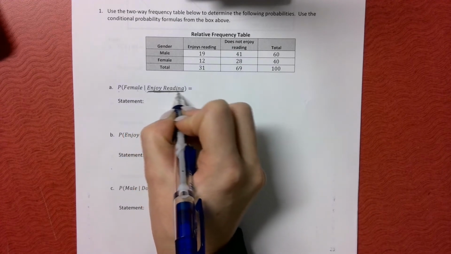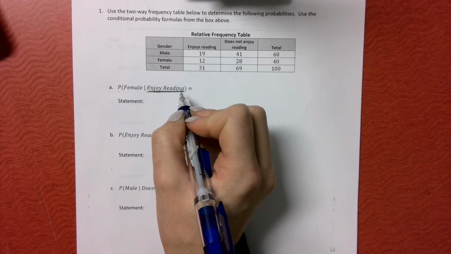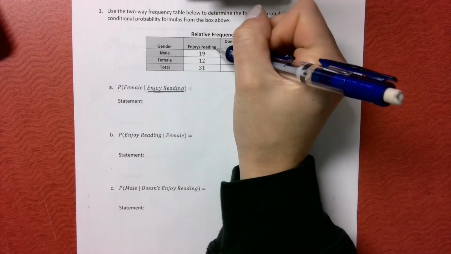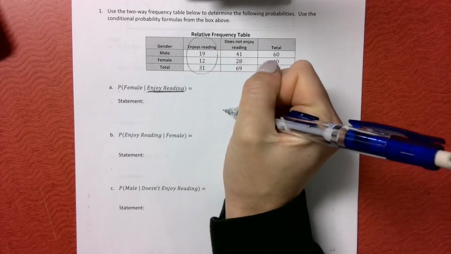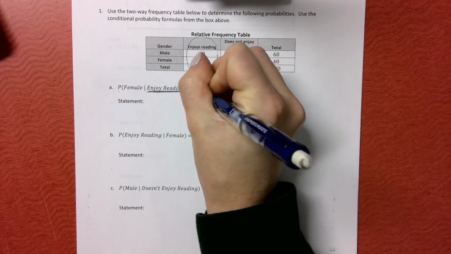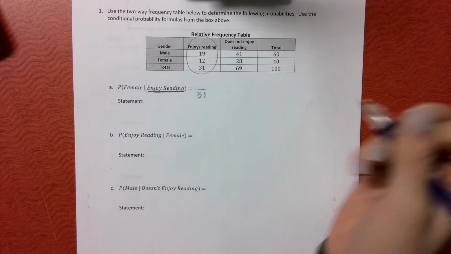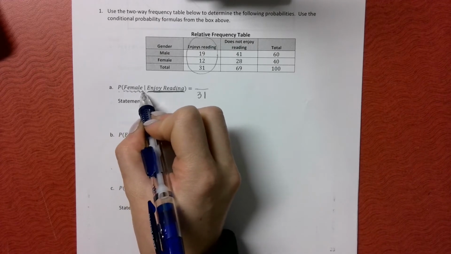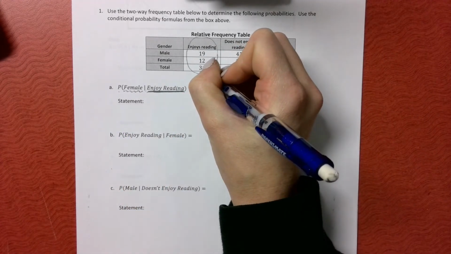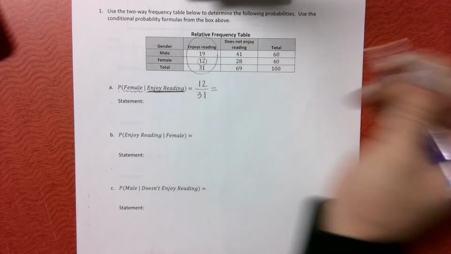This is the condition. I need to start with finding how many people enjoy reading. Looking at my table, enjoy reading is this column here. That means there's 31 people that enjoy reading. That 31 is going to be my denominator. Out of those 31 people who enjoy reading, how many of them are female? Looking just at my 31, there are 12 that are female.